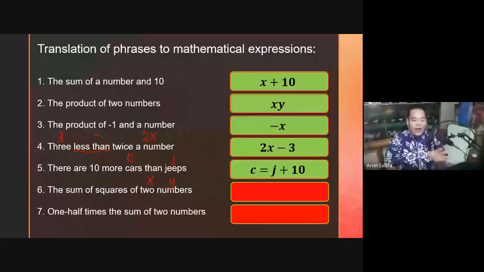Kung atong sabton, the sum of squares of two numbers, meaning naka-square daan ang duha ka number, usa siya gikwaan nato og sum. Therefore, gi-square nato si x, gi-square nato si y, usa gikwaan og sum, and sum is addition. So, therefore, x squared plus y squared.